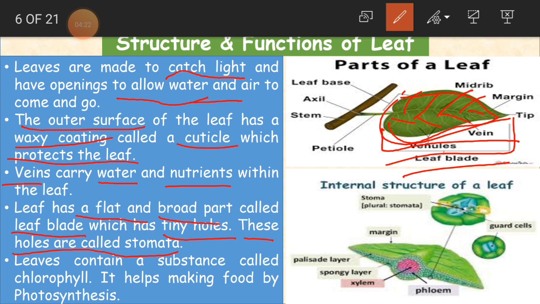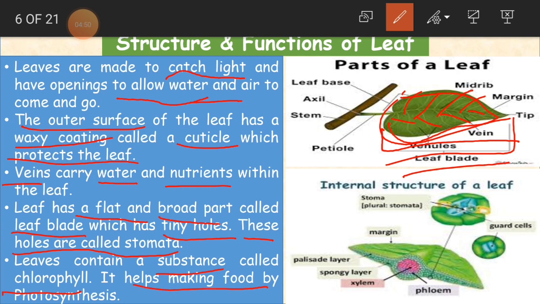Okay children, the gases are exchanged here. It is allowing the gases to pass through. It is taking carbon dioxide and releasing oxygen, which is good for our environment. Clear children? Yes. Leaves contain a substance called chlorophyll. What does this chlorophyll do?